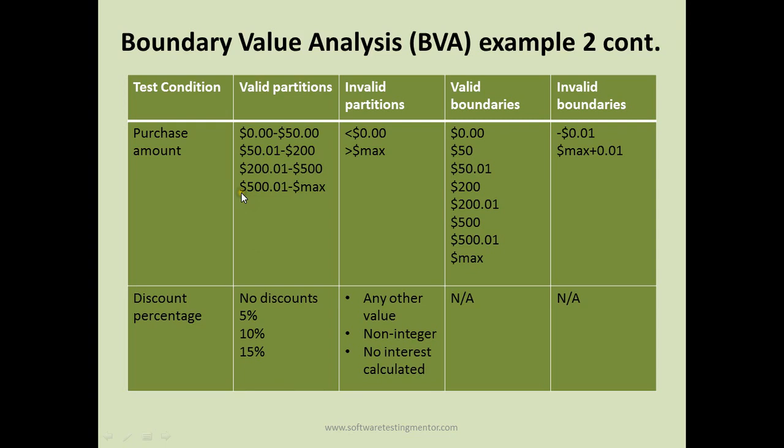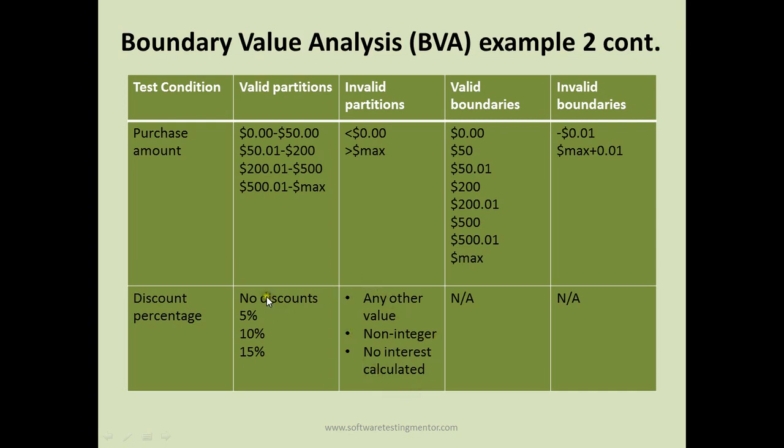The last valid partition was between $500 and the maximum purchase limit, for which 15% discounts were offered. The invalid partitions were anything less than $0 or anything greater than the maximum purchase limit. So these were 2 invalid partitions. And for the discount percentage, what will be the invalid partition? Any other value you can say, or non-integer, or non-interest calculated.